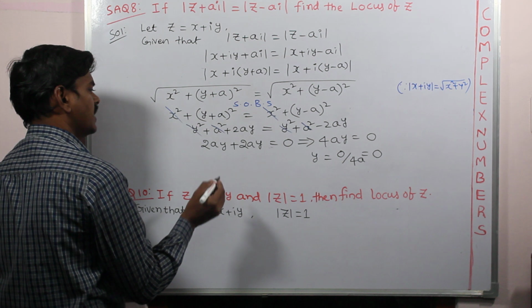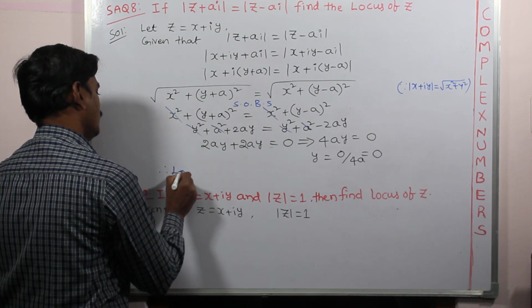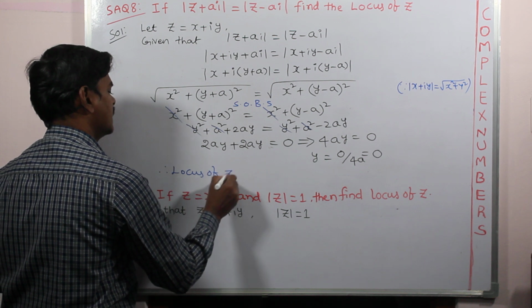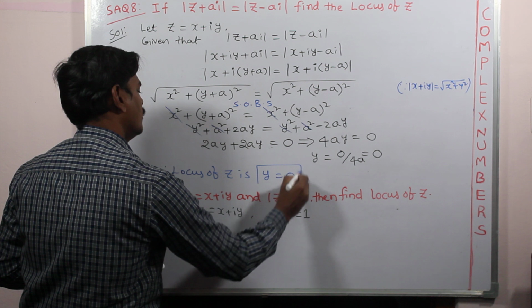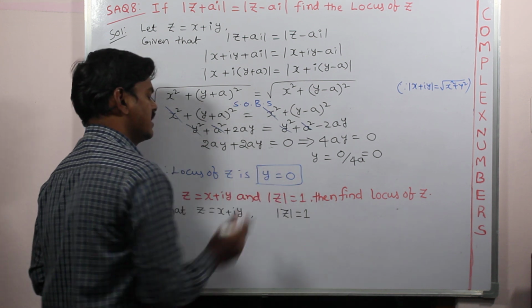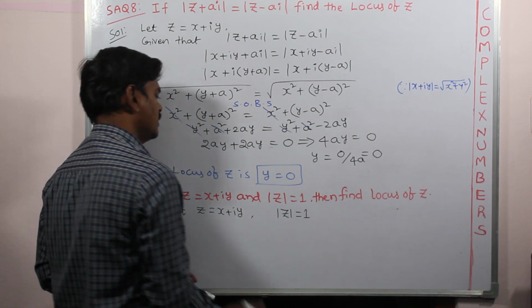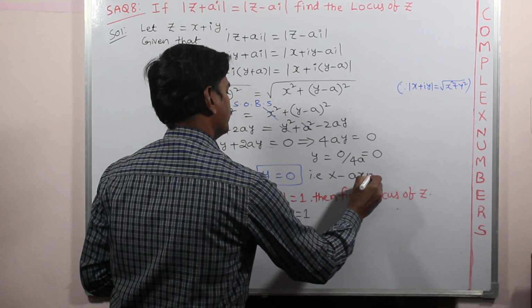So I got y = 0 as the locus. Therefore the locus of z is y = 0. You know what y = 0 represents? It's the x-axis. The equation of the x-axis is y = 0, so you can write that it is the x-axis.